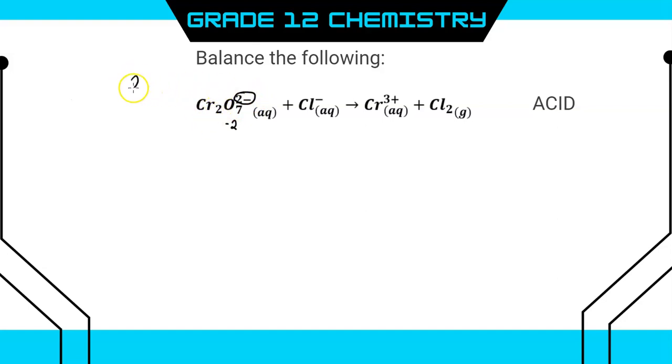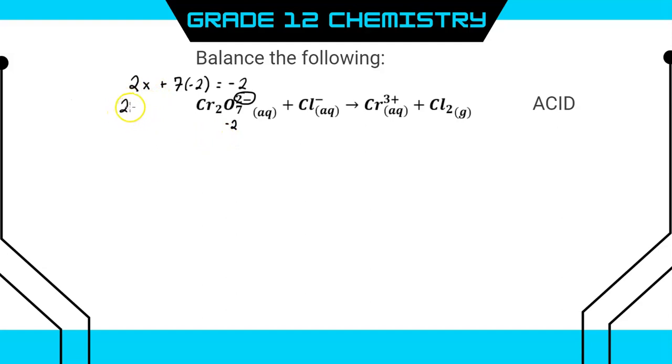We have 2 chromium atoms with an unknown charge, let's call it X, and then we have 7 oxygen atoms, each of them having a charge of -2. When we take the total charge, we should end up with a -2 charge. There's a little bit of math involved, but what would X be?